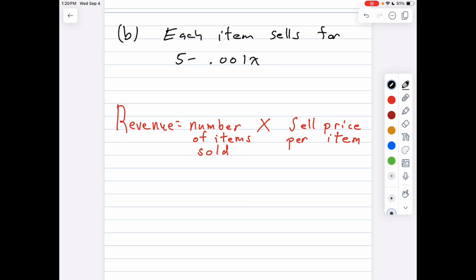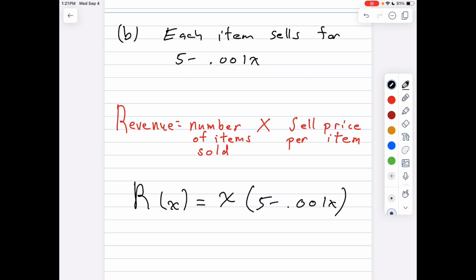So in general, the revenue from selling x items is the number of items sold, let's call that x, times the sales price for each item, and that's given by this expression. This is not a fixed value.